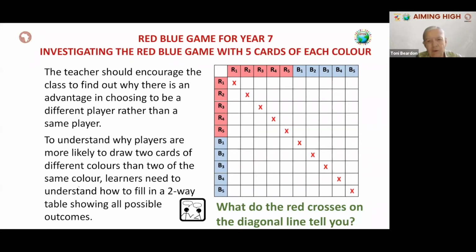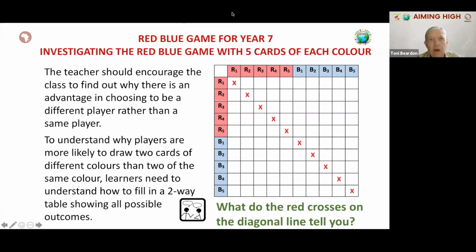The first thing we want you to figure out is, what do the red crosses on the diagonal tell you? So put that on the chat. What do the red crosses on the diagonal tell you?